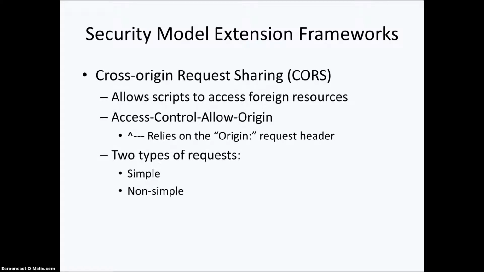And if there are any custom headers, they have to be Cache-Control, Content-Language, Content-Type, Expires, Last-Modified, or Pragma, nothing else. Simple requests, from what I understand, are submitted to the server immediately. There's no extra checking, verification, or anything, as long as the Access-Control-Allow-Origin header and Origin work together.